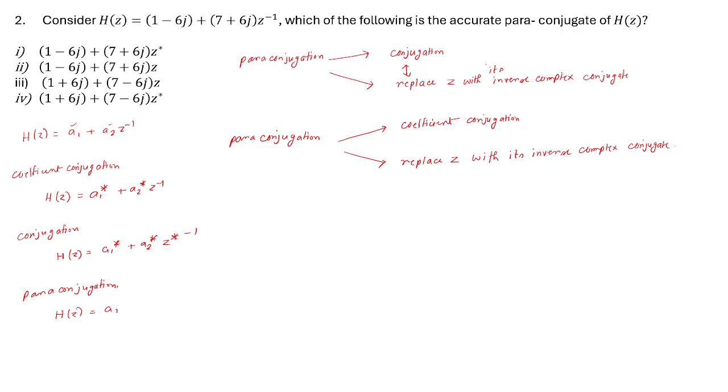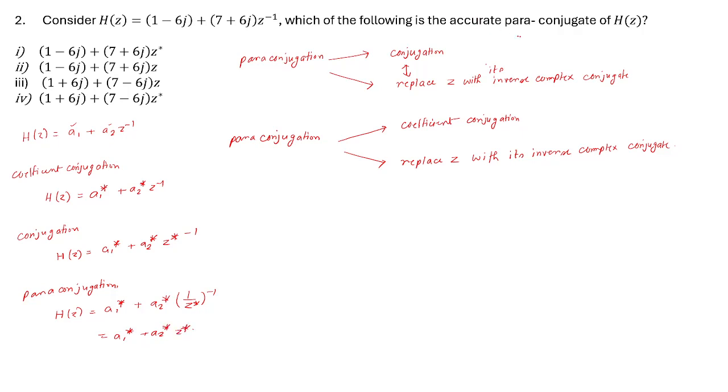It not only takes the complex conjugate of coefficients, it also replaces z with its complex conjugate inverse, that is this, resulting in a1 star plus a2 star z star.